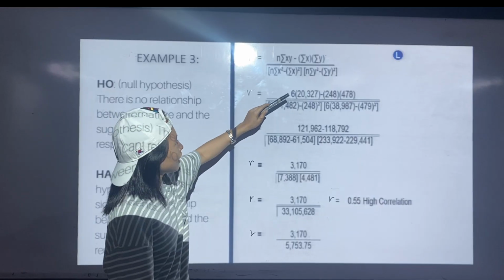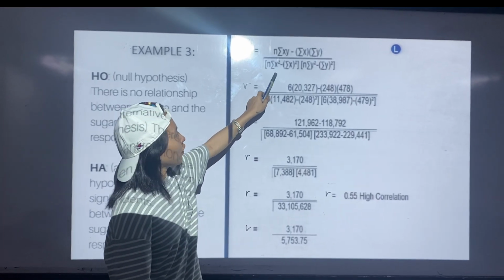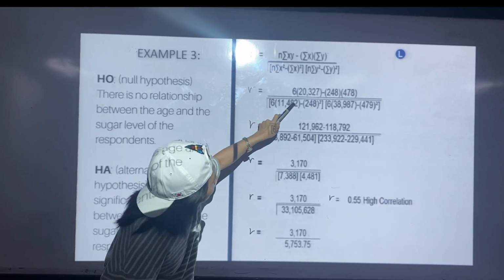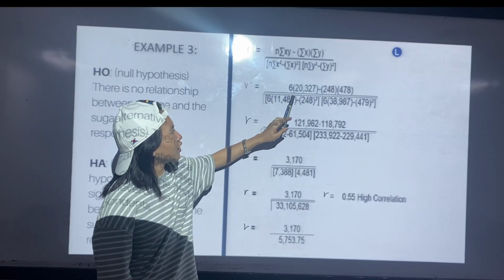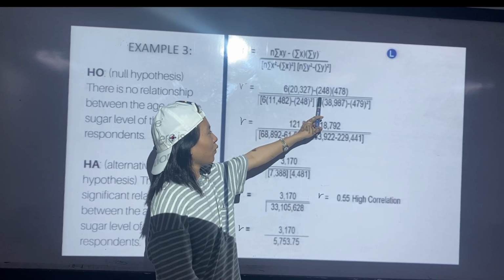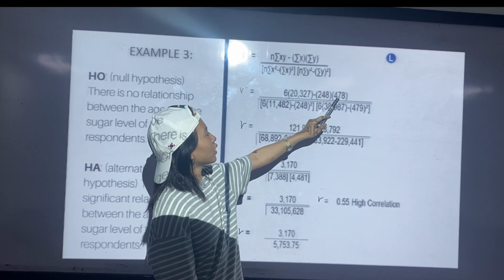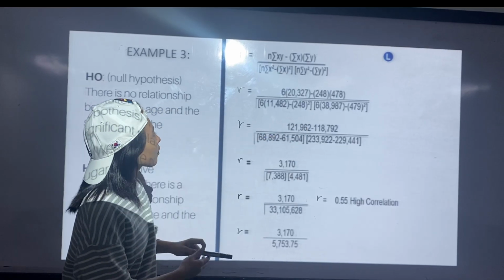So, our N is 6, and the sum of the product of X and Y is 2327, the sum of X values is 248, and the sum of Y is 478.